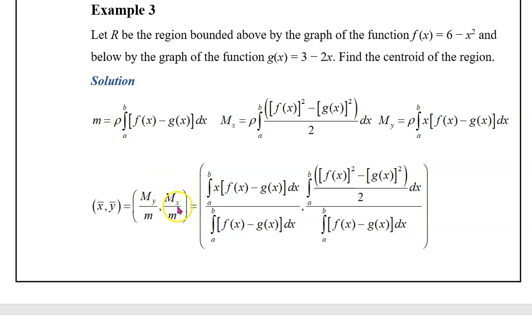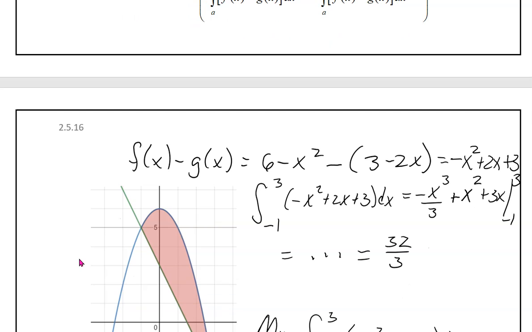Then we take the moment in the x direction, the tendency to rotate off the x-axis, which affects the y value, and that's given by rho times the definite integral of the squares of each of them subtracted. Then, of course, we again divide by the mass, rho times f of x minus g of x, but with the rho's canceled. Now let's take a look to see what we get when we compute these.